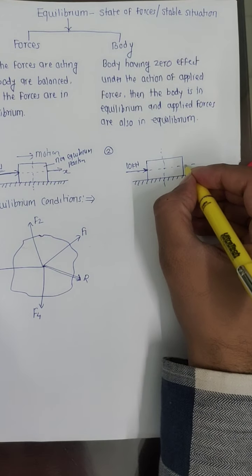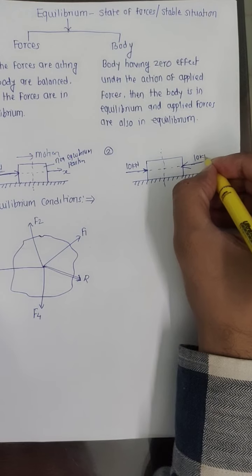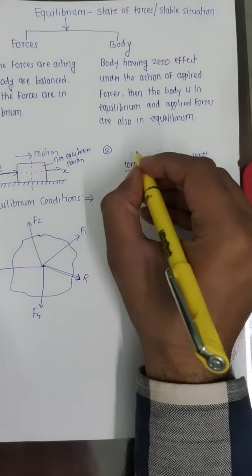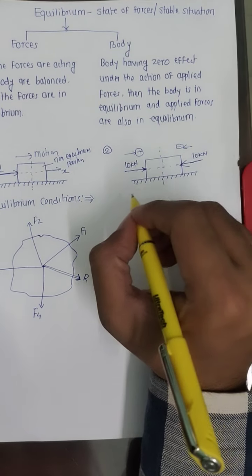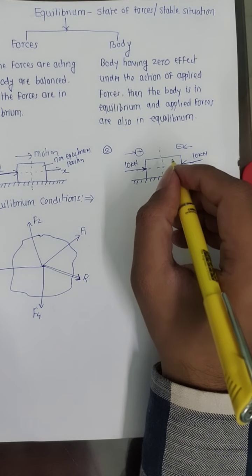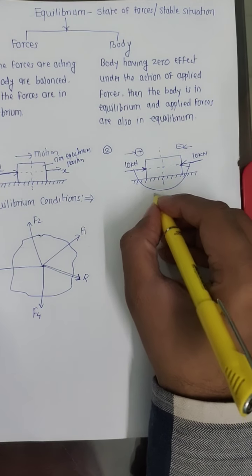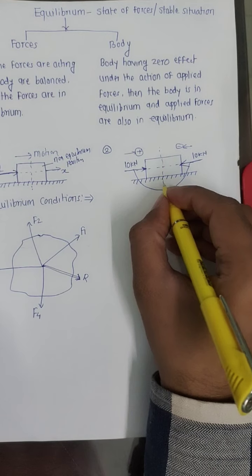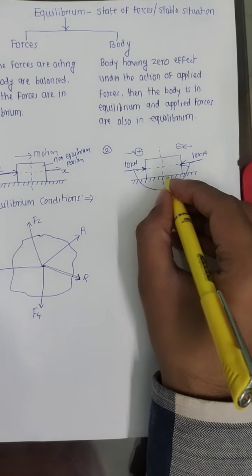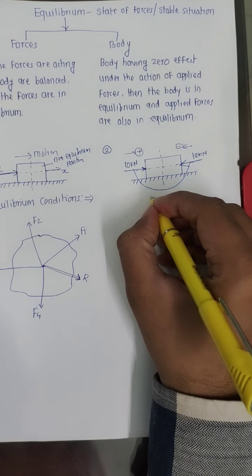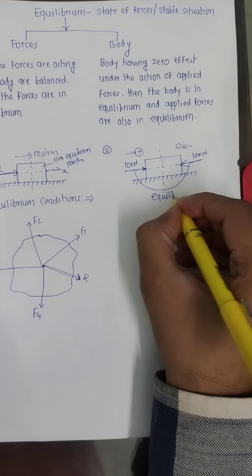But if we add another opposite force of 10 Newton, then the forward x direction is positive and the backward x direction is negative along the x-axis. So this plus and minus 10 Newton get neutralized, which means the block is at rest. It means we can tell that this block is in equilibrium.